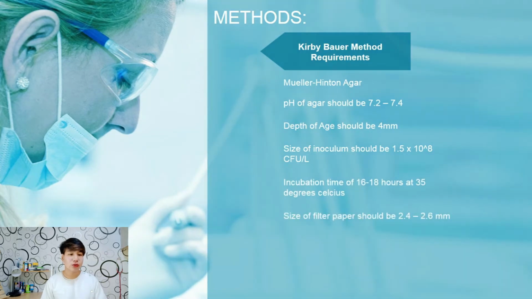Depth of inoculum should be 4 millimeters and the size of inoculum should be 1.5 by 10 raised to 8 colony forming units per liter. Incubation time of about 16 to 18 hours at 35 degrees centigrade. And lastly, the size of the filter paper should be 2.4 to 2.6 millimeters.